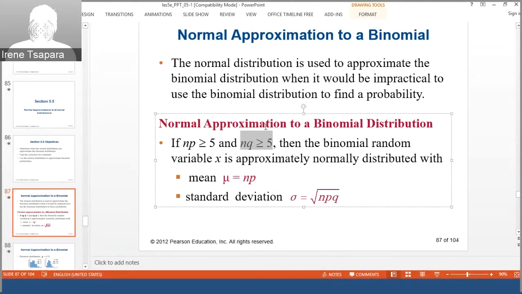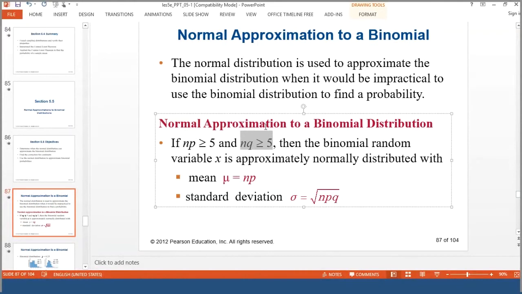I'll give you an example. If your probability is 0.5 for both, and you have 10 trials, then this works, because np and nq are equal to 5.